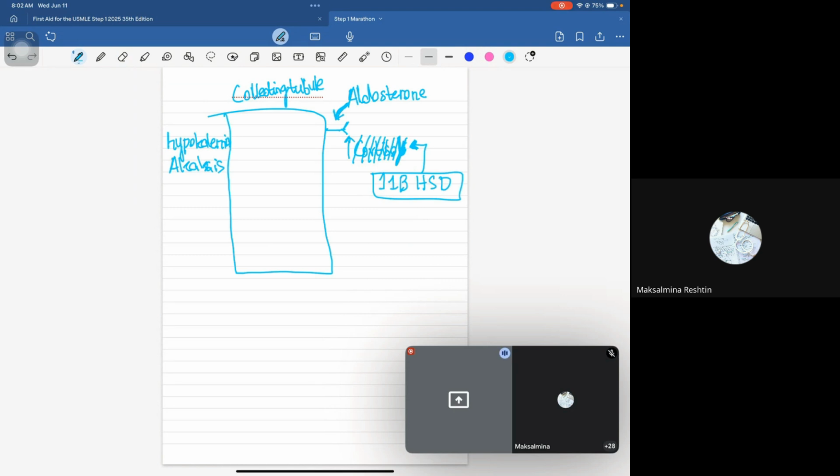This is a normal function, because we only want aldosterone to work here and not cortisol. But what if, due to some reason, this 11 beta hydroxysteroid dehydrogenase does not work anymore?